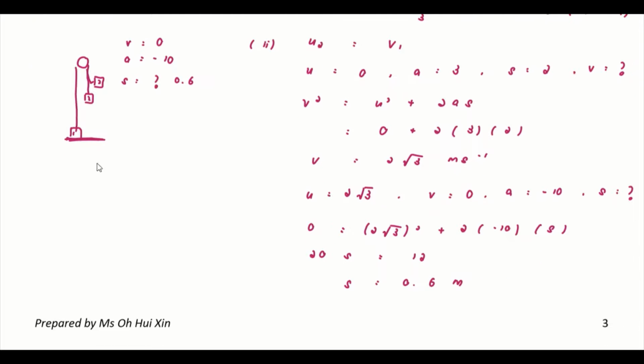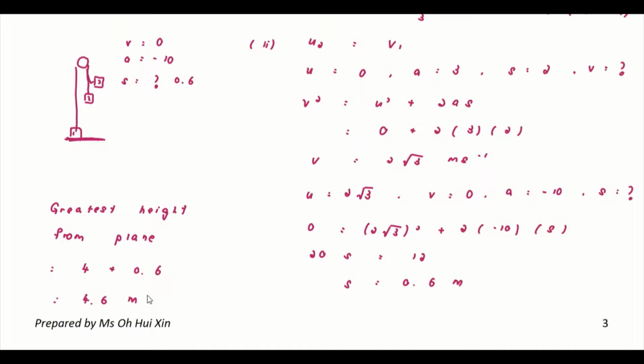So the greatest height from the plane will be equal to, either you do 2 plus 2 again, or you just do 4 plus 0.6. That will give us 4.6 meter. Alright, so that's the idea.